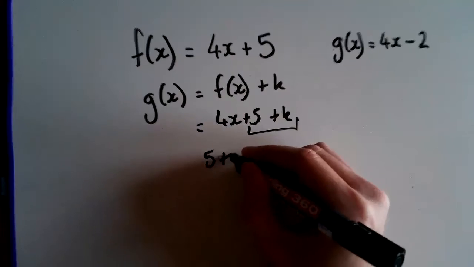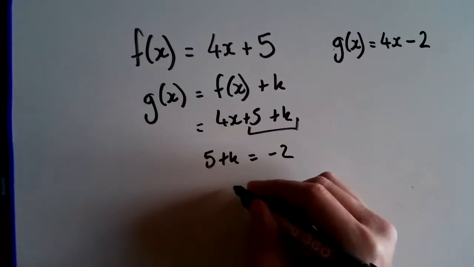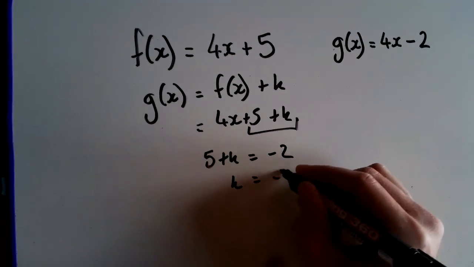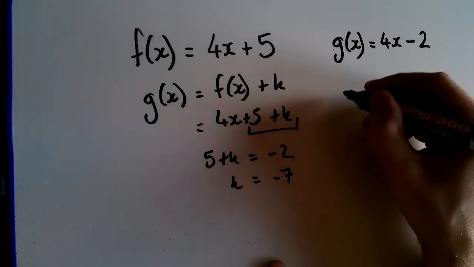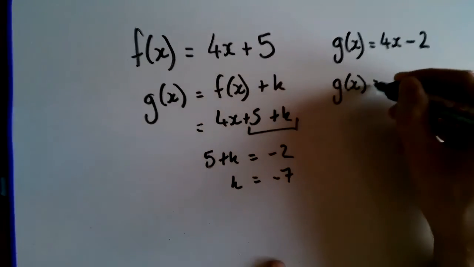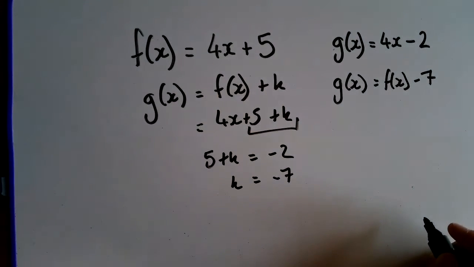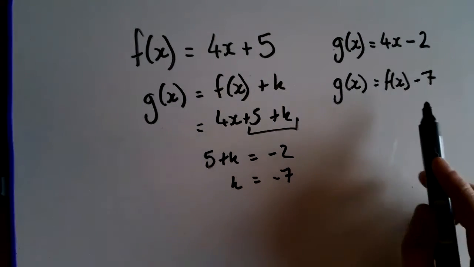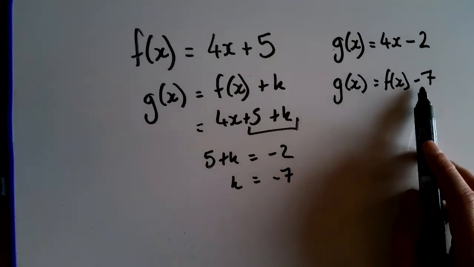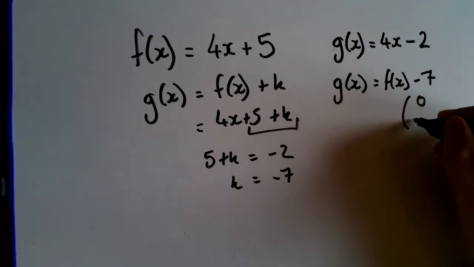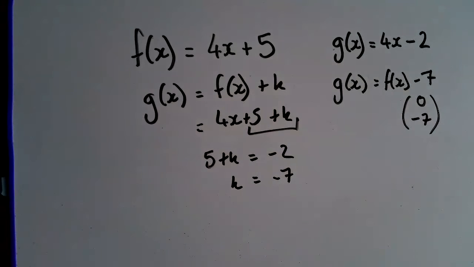So I want 5 add k to equal -2, so k must equal -7. So g of x is f of x minus 7. So that means it's a translation with the vector (0, -7), so it went down by 7.